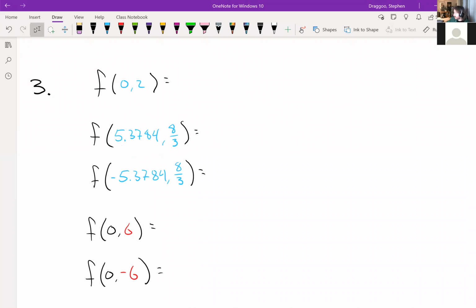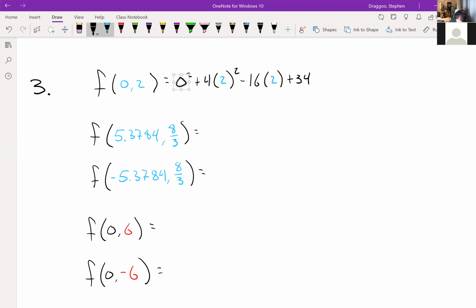Okay, I've got all of these things, and I just have to plug them in and see what happens. I did that already, plugging into that original function. I'm going to do the math out on this first one. 0 squared plus 4 times 2 squared minus 16 times 2 plus 34.